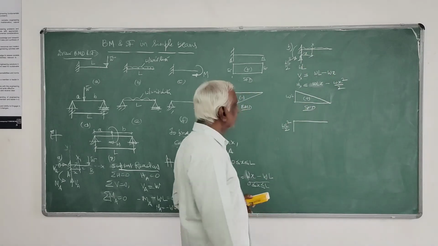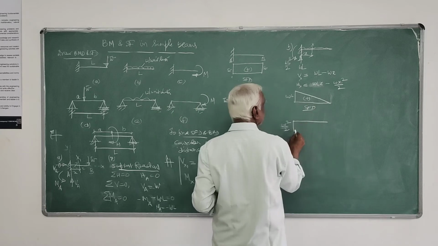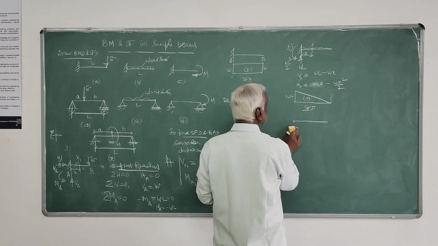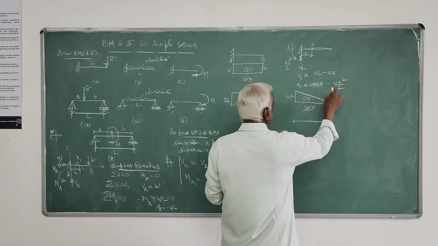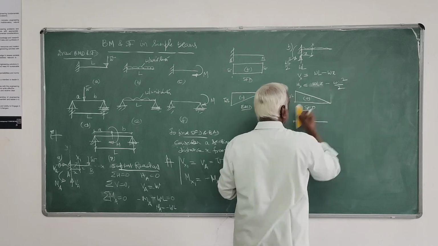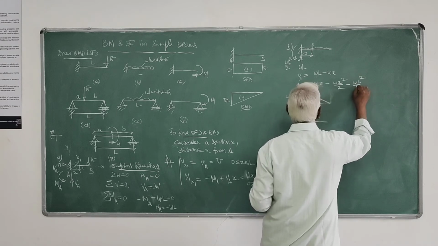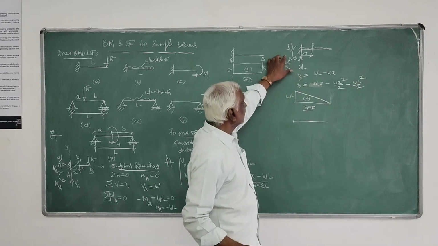That is the equation. So when x is equal to 0, it is 0. Not 0, sorry. Wx squared by 2 minus Wx squared by 2 also. All the three will come.